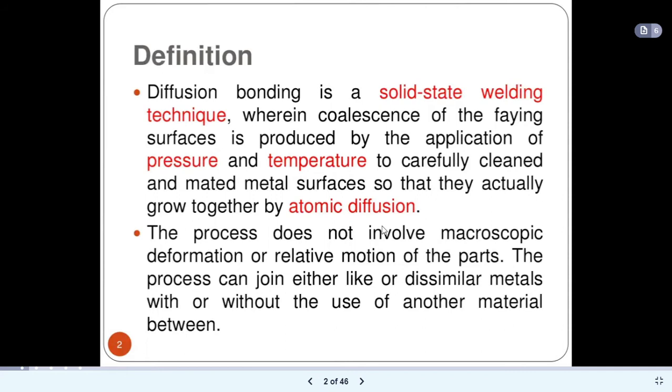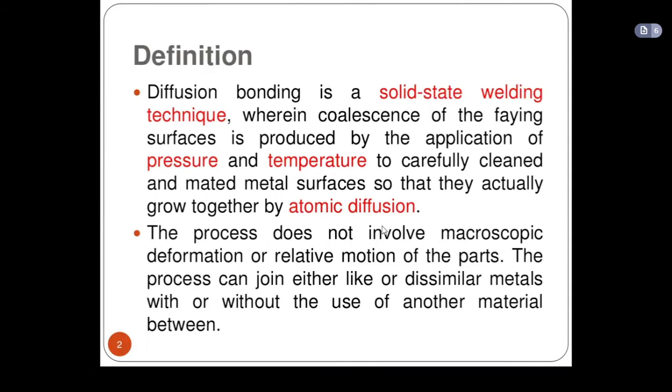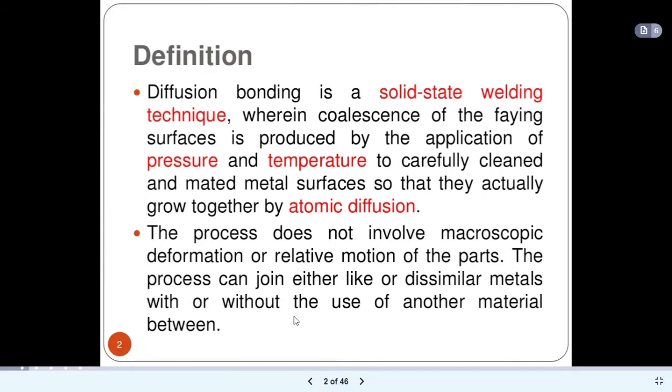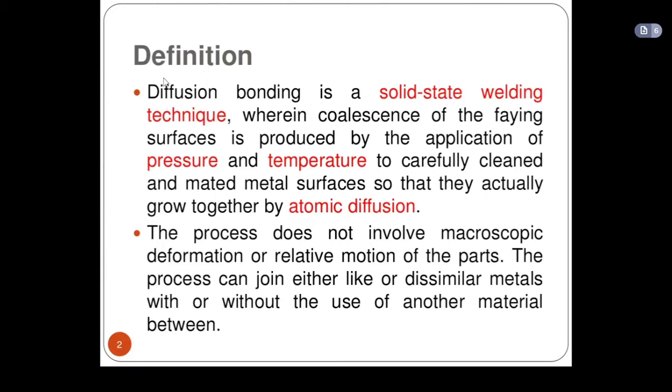Means, in a diffusion bonding or diffusion welding process, first of all it is a solid state welding process, meaning the temperature we provide is below the melting point of the base material, and two things are necessary: pressure and temperature. These two things are very important for diffusion welding.